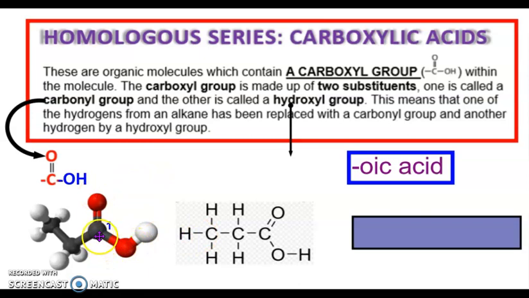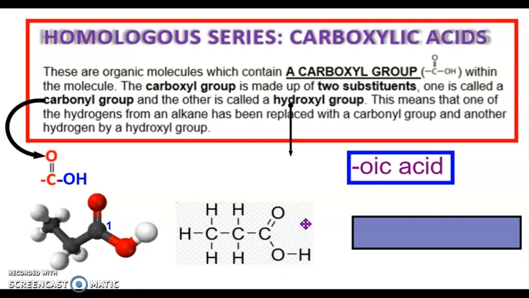Now, we always make the carbon which is attached to the double bond to oxygen and the OH group carbon 1. So in this case, we don't have any branches. So we've got 1, 2, 3 carbons. And so if we didn't have this functional group, this would just be propane.